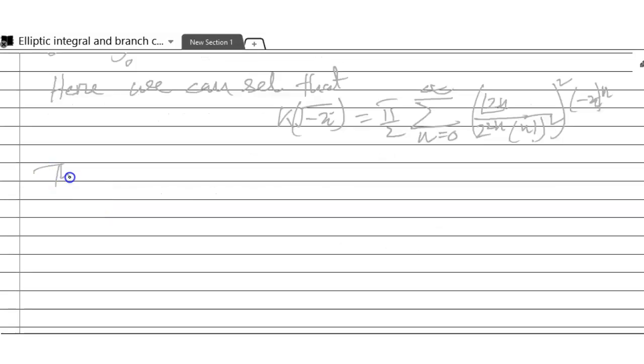Therefore psi n is equal to pi by 2, (2n factorial) whole square divided by 2 to the power 4n, n factorial whole cube.